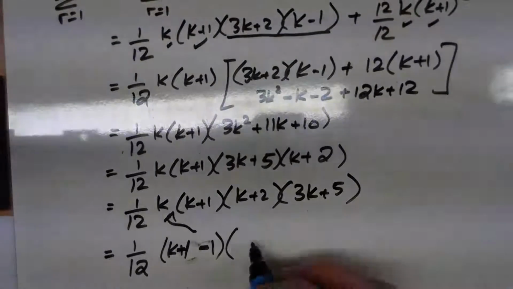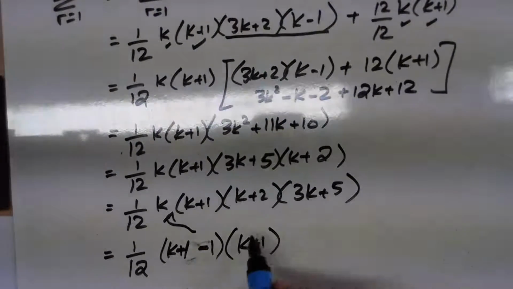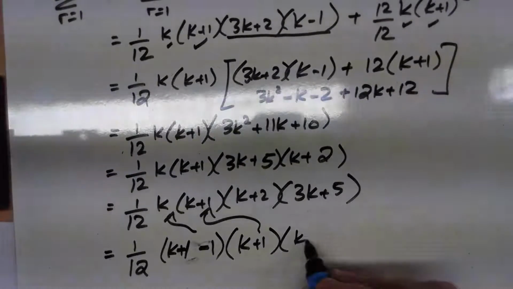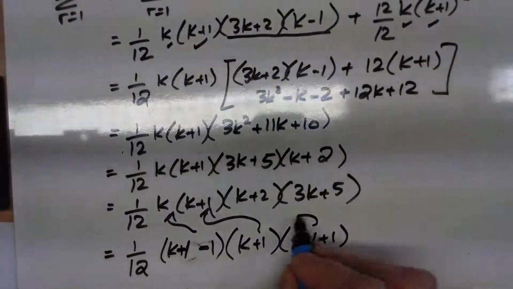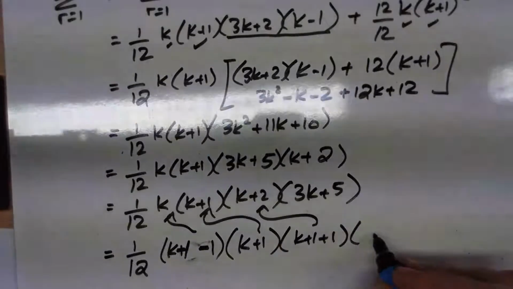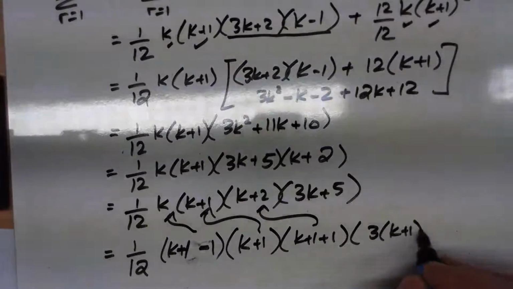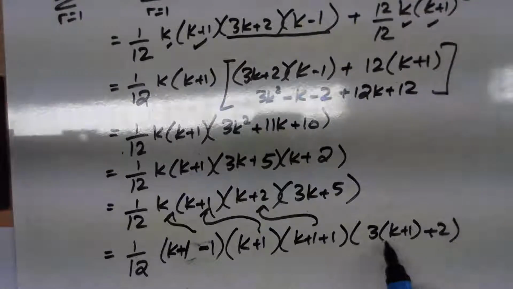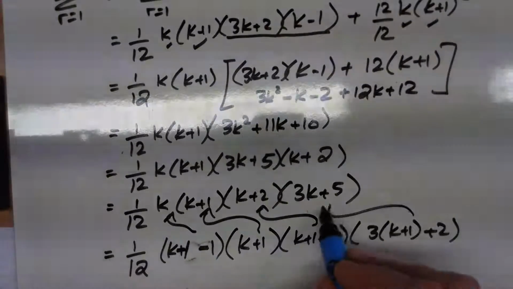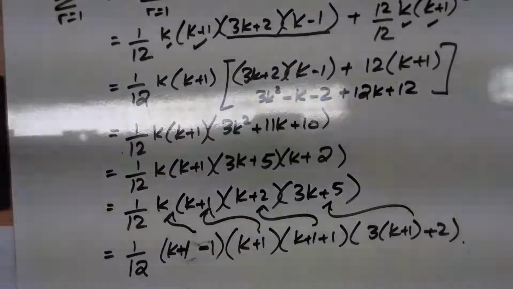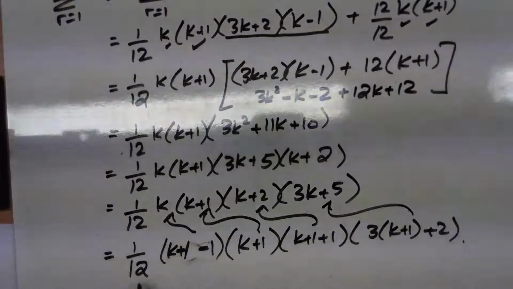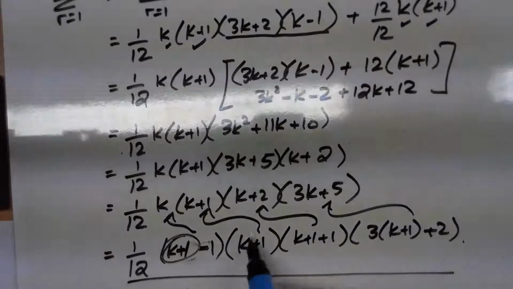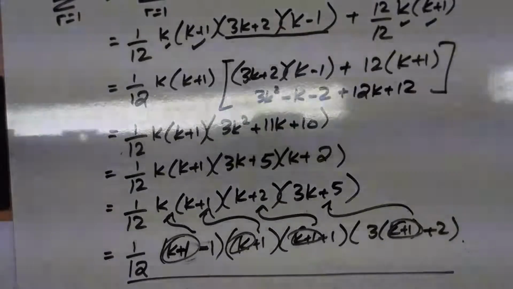And then there was k, which is now one more than that. That's that one there. And there was a k plus 1, k plus 1 plus 1, which is that one there. And there was a 3k plus 2, and that gives us 3k plus 3 plus 2, which is 5. That's that one there. So all I've done on that last line there is rewritten the very first thing, but put a k plus 1 instead of a k in each of it.